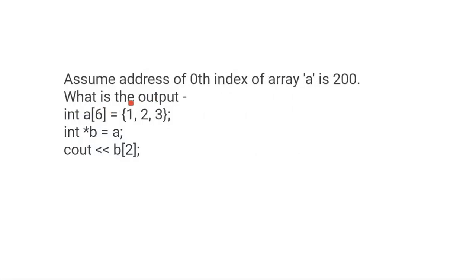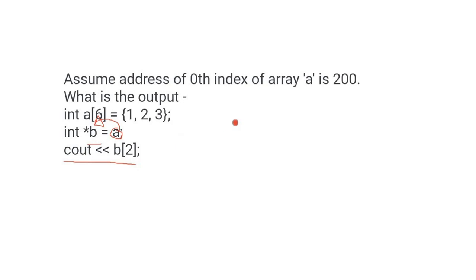Alright, moving on. Assume that the address of the 0th index of the array is 200. What is the output of this? We know that a will have the starting address, which is 200. So this address will be stored into this pointer.